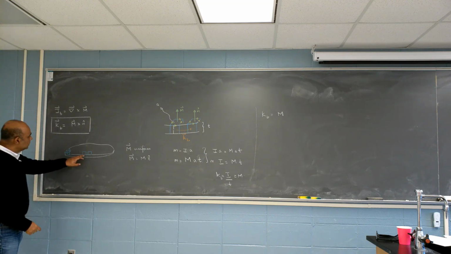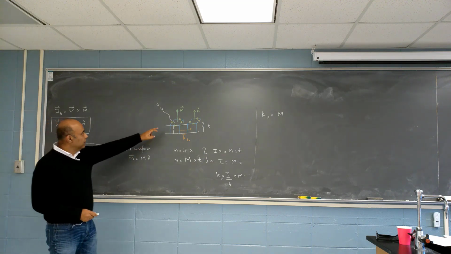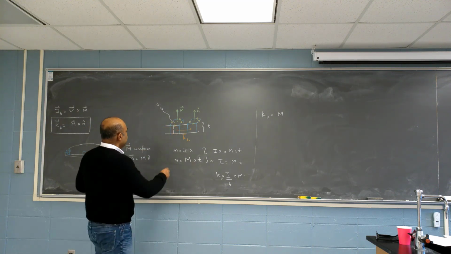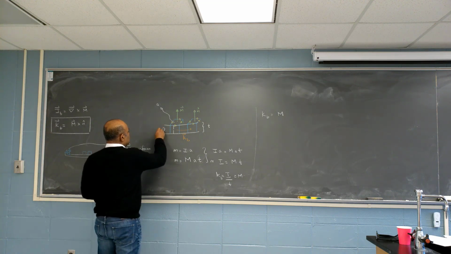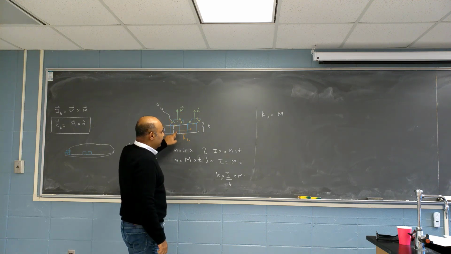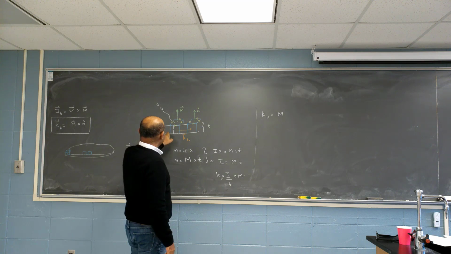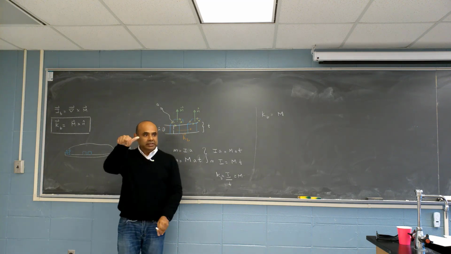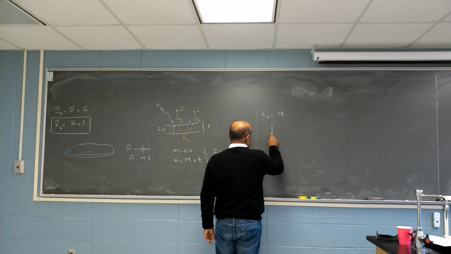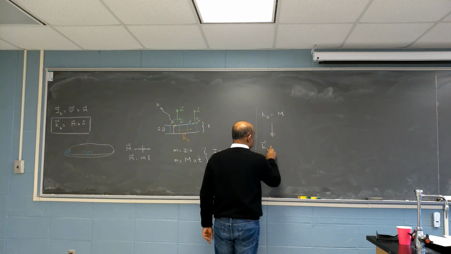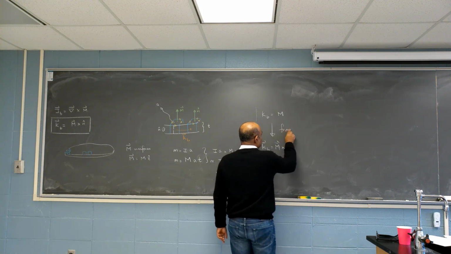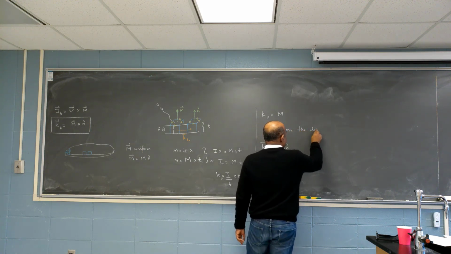So in this surface, M is pointing upward, N is pointing outward. M is this way, K is that way. Can you confirm that this cross this will point in that direction? That's easy. Guess from the diagram.